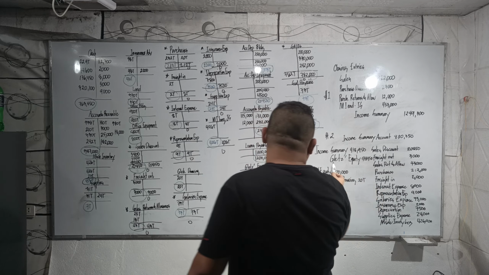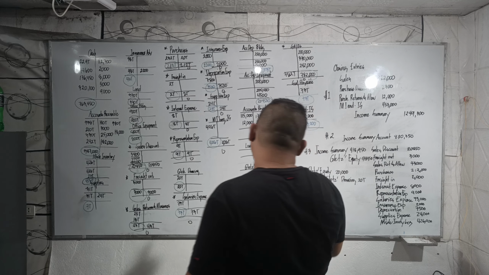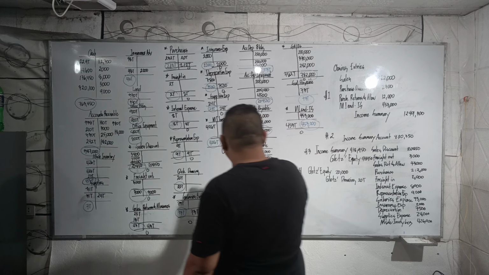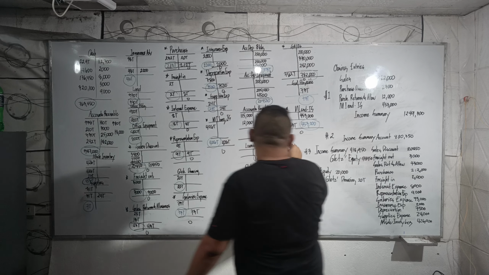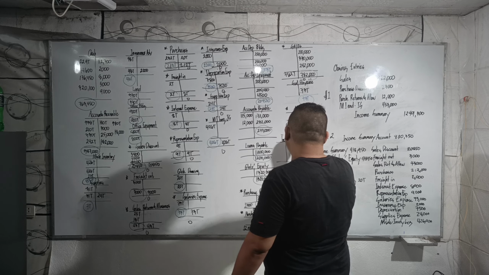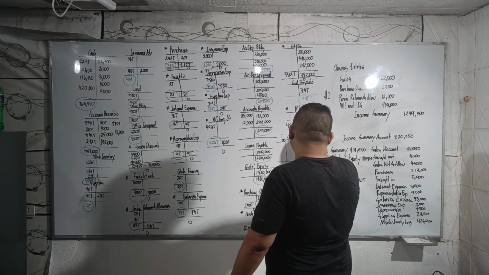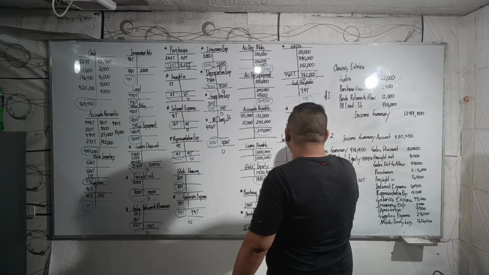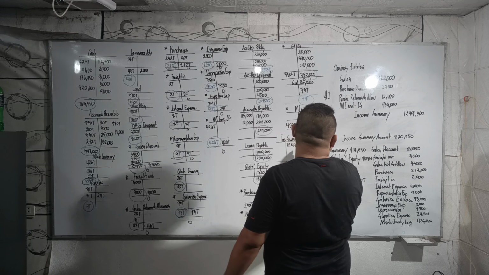And lastly, we have the drawings. But before that, aside from making all of them 0, you will put an income summary account, the new one. If you want to be proper, income summary. What is the first entry here? The first entry is this one, 1,249,300.